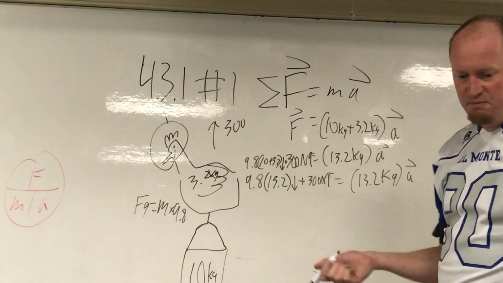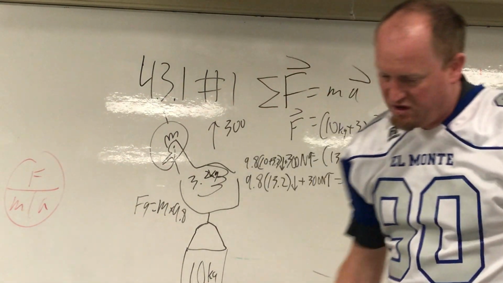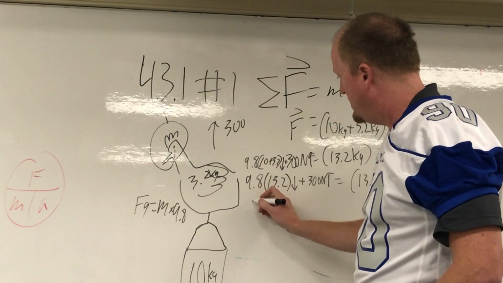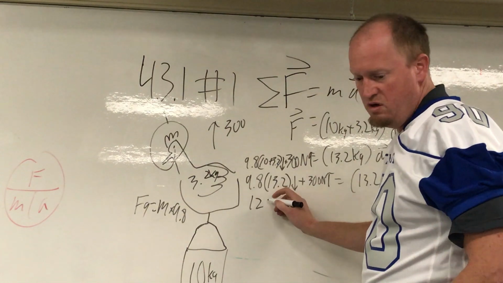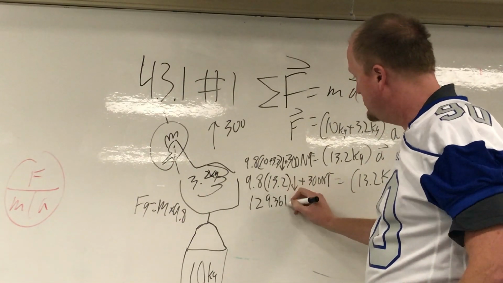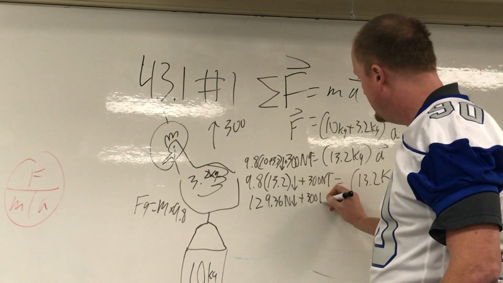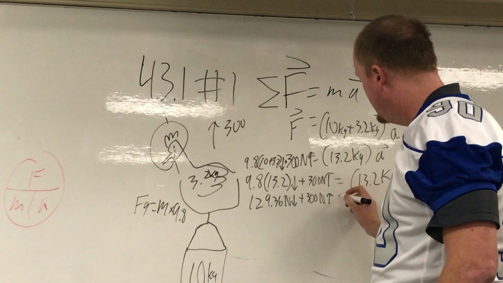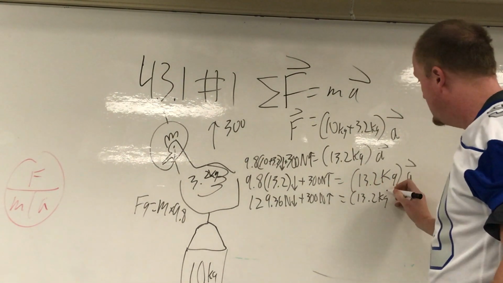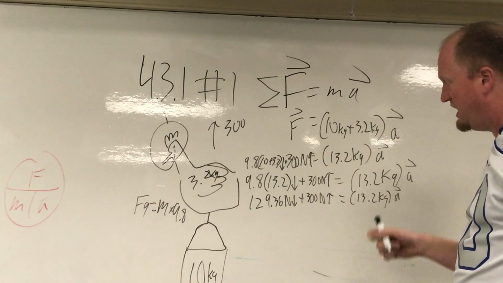So 9.8 times 13.2. Hey, guess what? I wrote it down already, huh? So I'm getting 9.36 newtons down plus 300 newtons up, equals, again, 13.2 kilogram times A. What we're trying to find at the end is A.